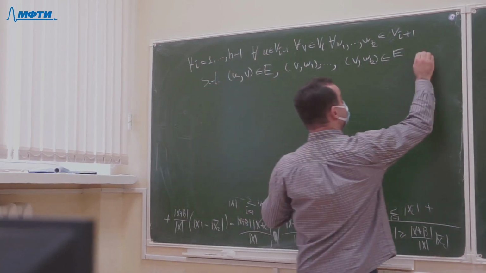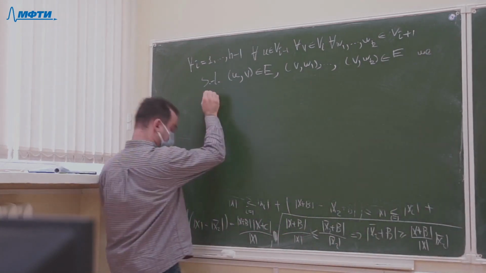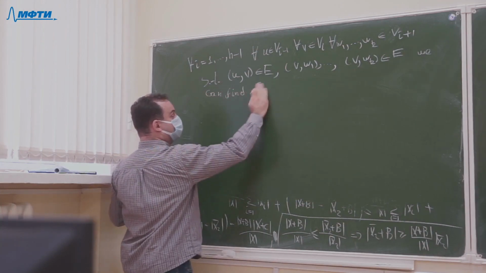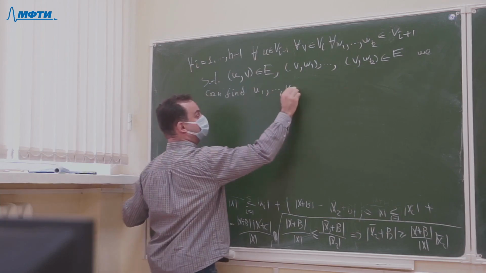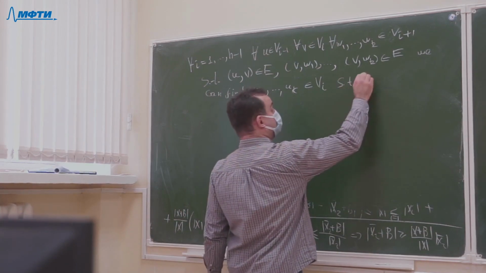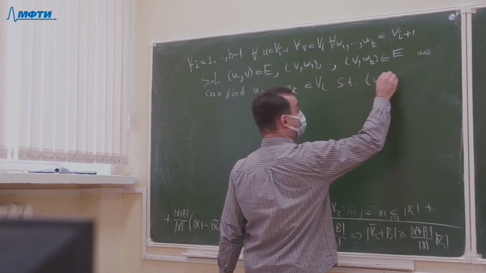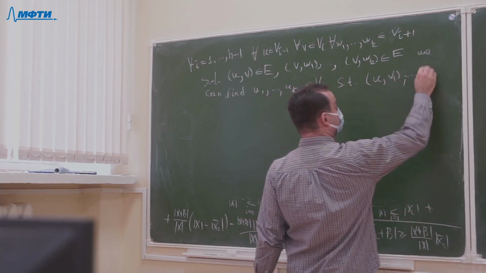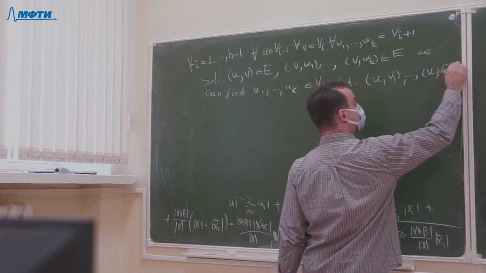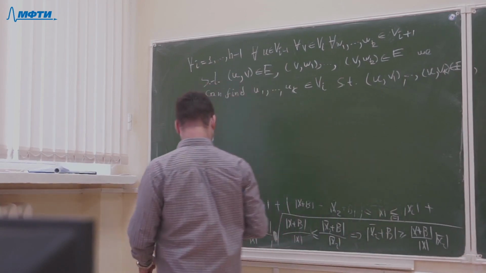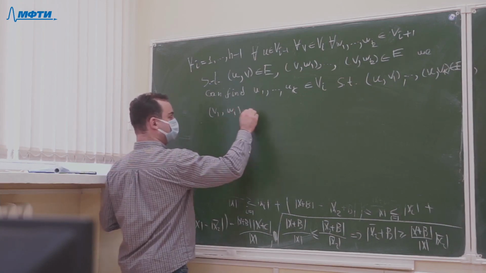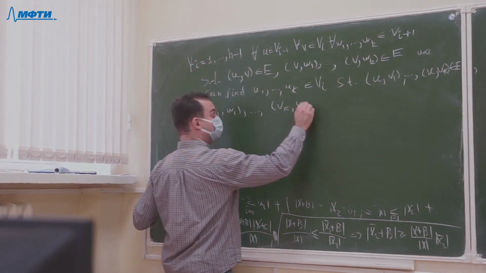We can find u1 uk from Vi such that u v1, u vk are edges, and also v1 w1, vk wk are also edges.